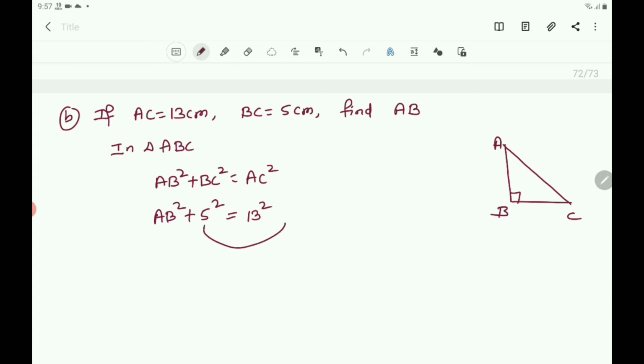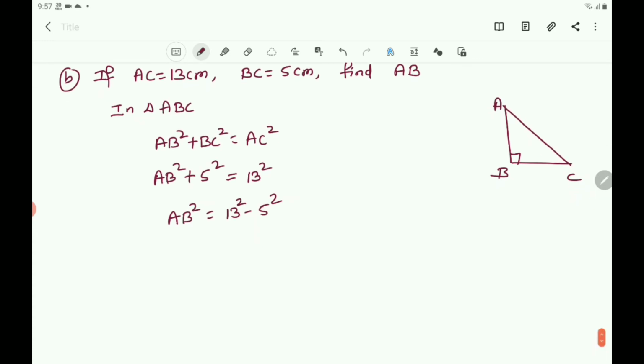Now you transfer this 5² to the RHS. So you write AB² equals 13² minus 5². Here 13², if you know it, you write the value, that is 169. And 5² is 25. You can write this way: AB² equals 169 minus 25. Or otherwise you can use the identity x² minus y² equals x plus y into x minus y.